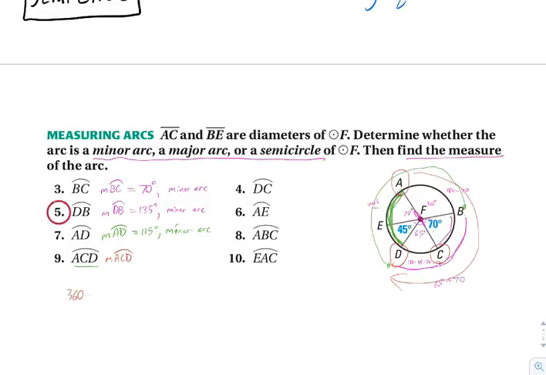We just found out that AD was 115. So what's the other direction from A to D? The other direction is 245. And those two added together make a full circle. So I went from A one direction and then A the other direction to end both at D. So in total, I covered the whole circle. And since that's bigger than 180, that's a major arc.